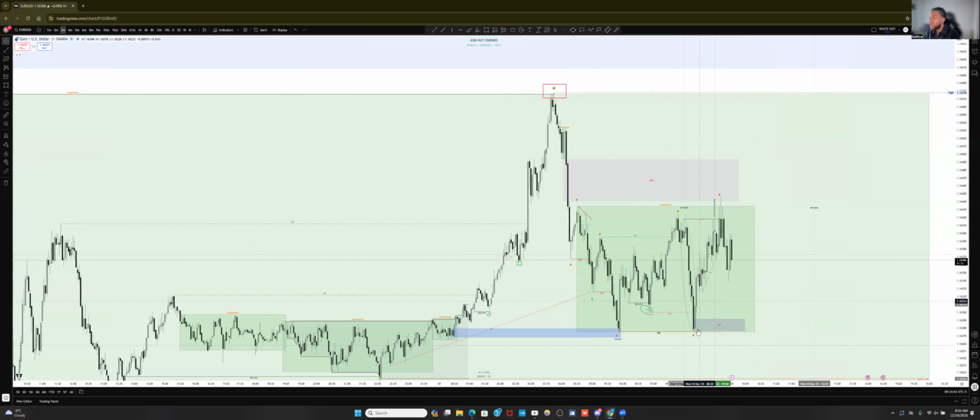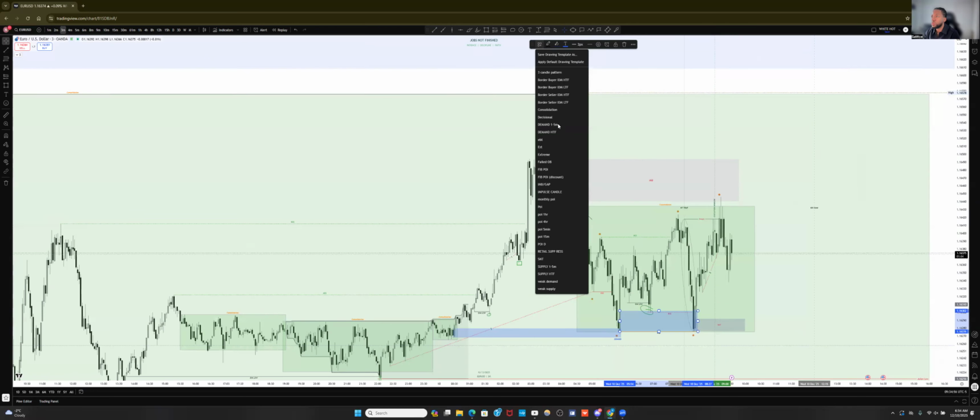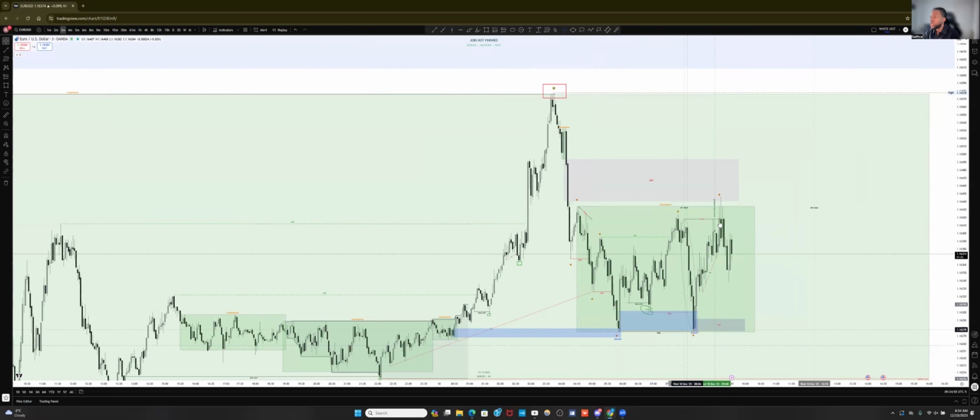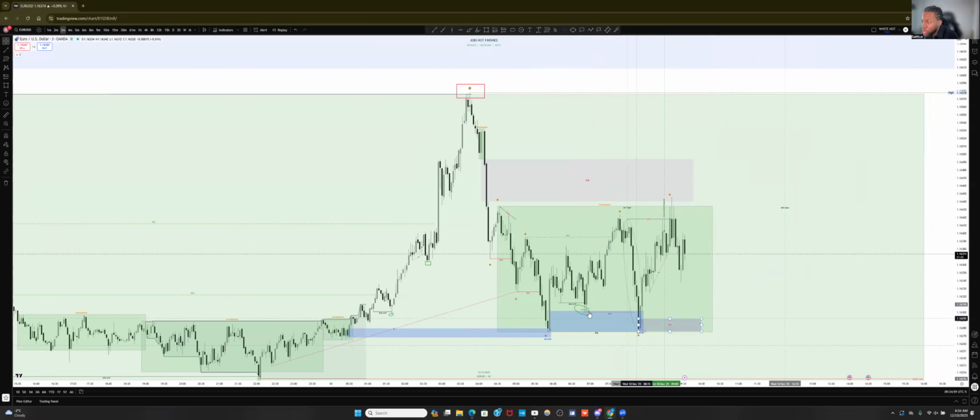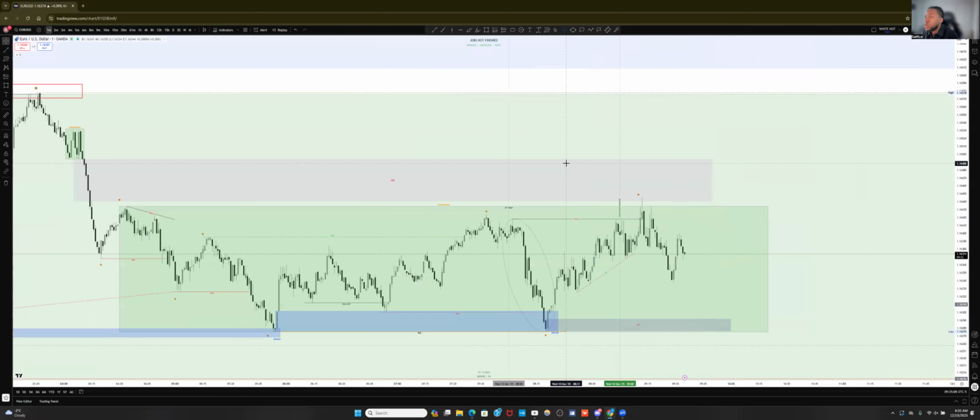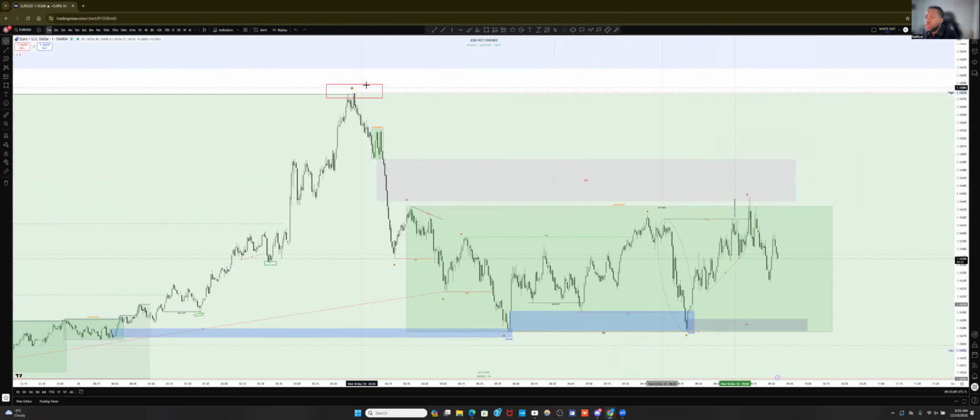Price came back down once again, reacted now from this 3-minute demand, creating this equal low, and pushed up again. So buyers are trying to maintain control, as you can see. They're trying. So as of right now, we're in a tug of war between the sellers and the buyers.